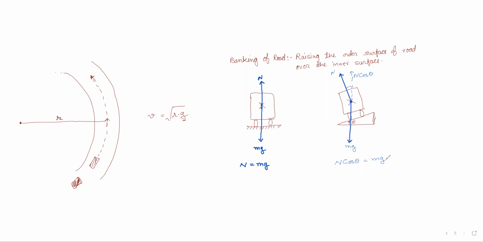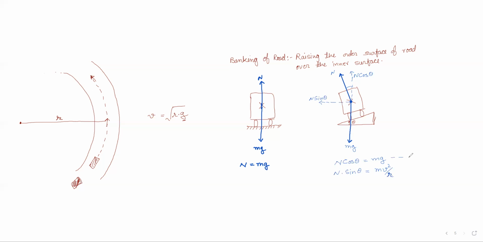Now, what about N sine theta? N sine theta, which is in this direction, takes care of the centripetal force. So we can write this part as N sine theta is equal to mv square by r, where r is the radius of curvature of that road.